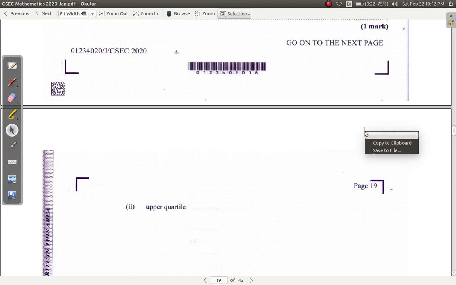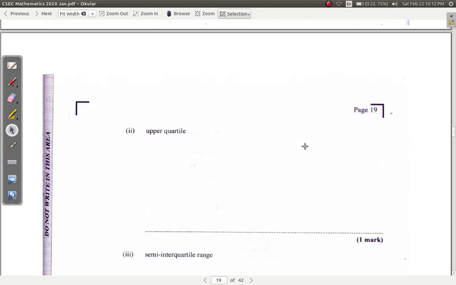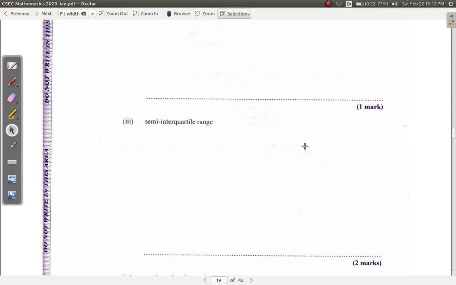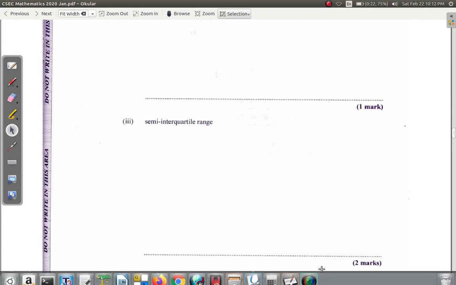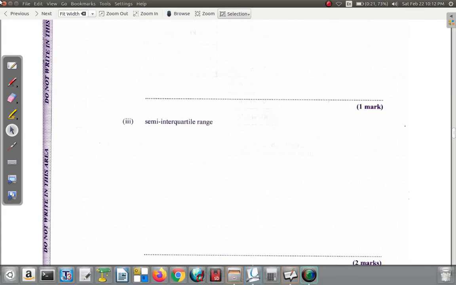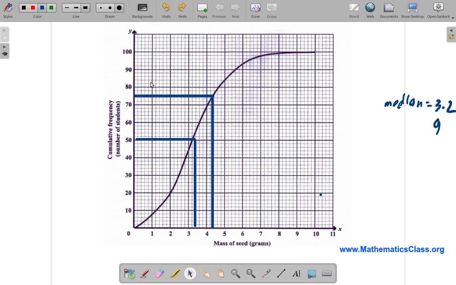After that, they ask for the semi-interquartile range. So that's the range from the lower to upper quartile. So the lower quartile would be at 25%. 25 is halfway between 20 and 30.